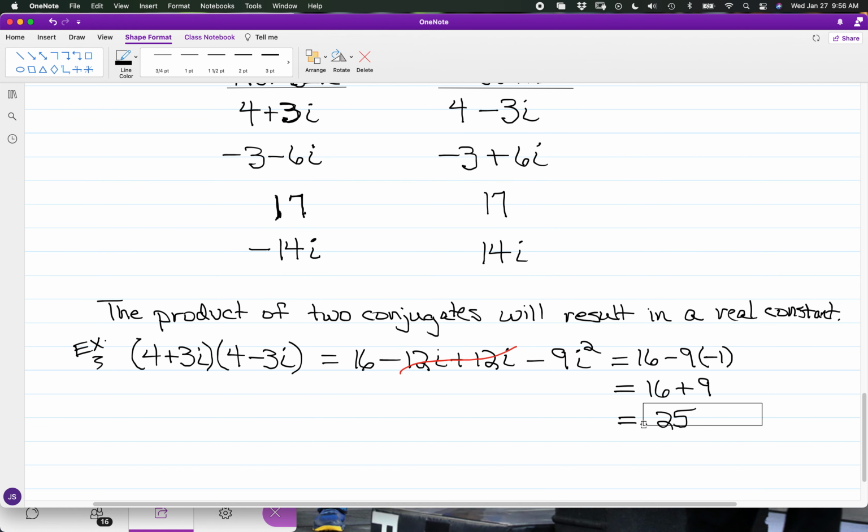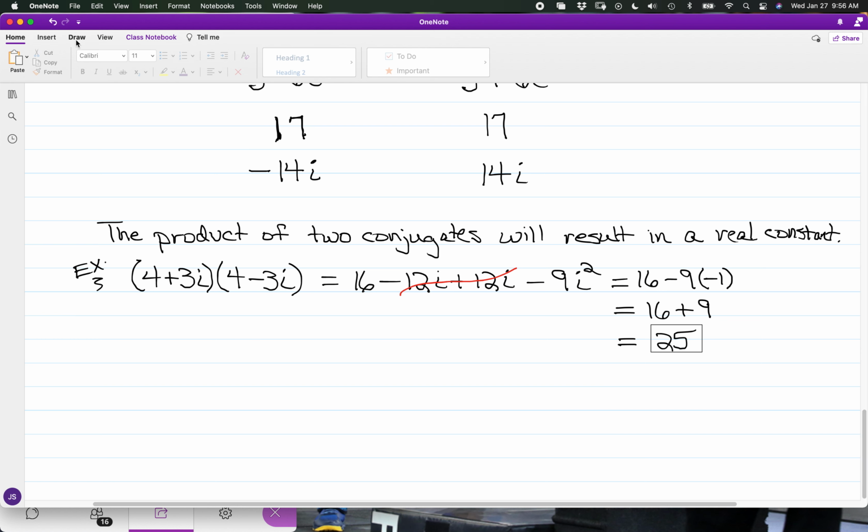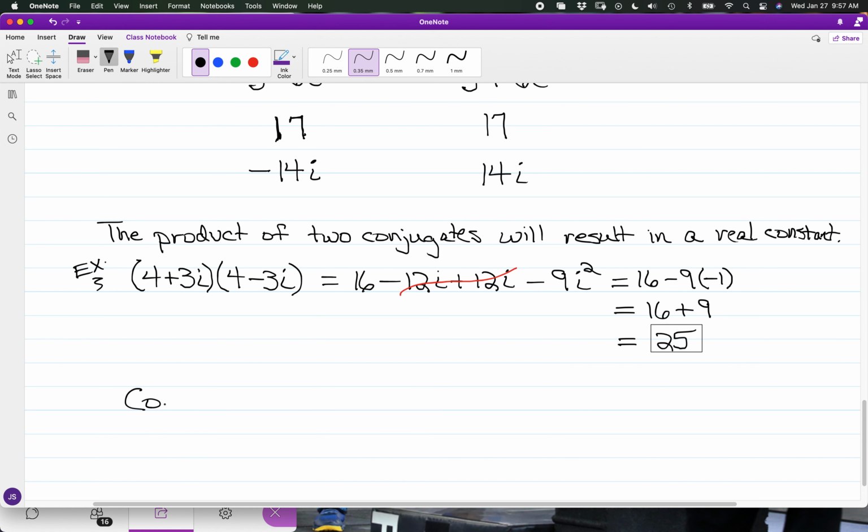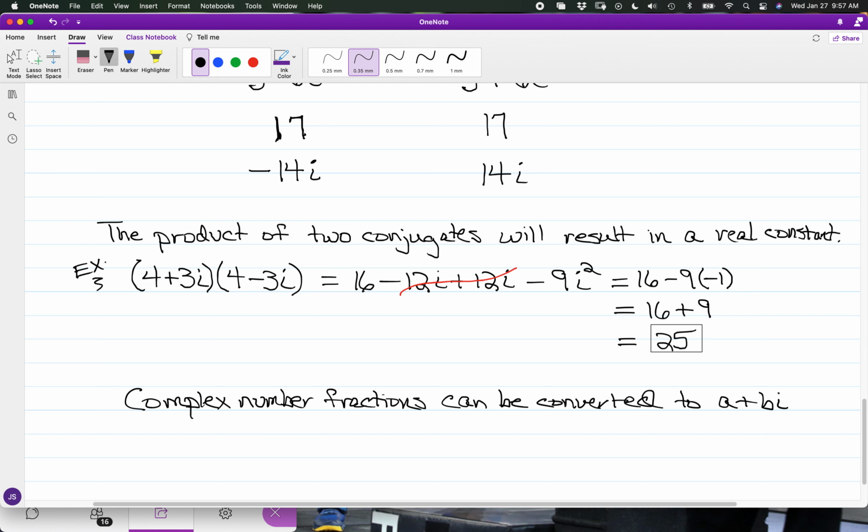Okay, and another thing about conjugates is that in the case of fractions, complex number fractions can be converted, if they're not already as such, to a plus bi form by using the conjugate of the denominator.